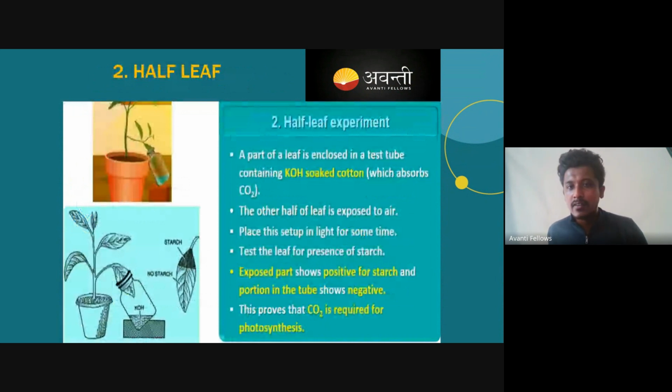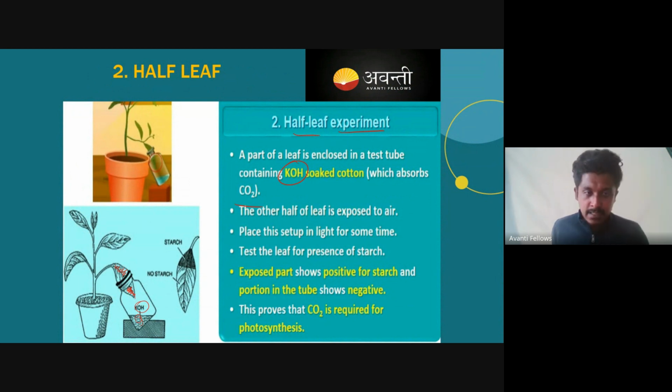The other one was the half leaf experiment. Whenever you hear about the half leaf experiment, remember that you talk about KOH or potassium hydroxide. Whenever it is dipped in a cotton ball and put in a test tube, it absorbs all the carbon dioxide. Let's say one half of the leaf is outside the test tube, the other half is inside the test tube, and there is a KOH-soaked cotton within the tube.